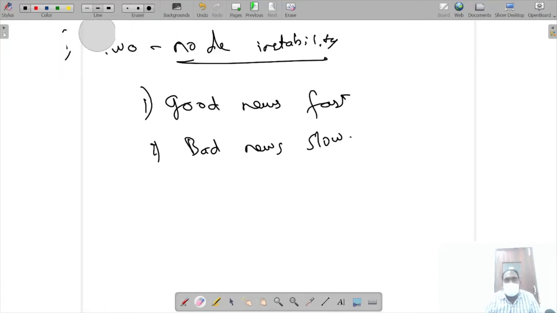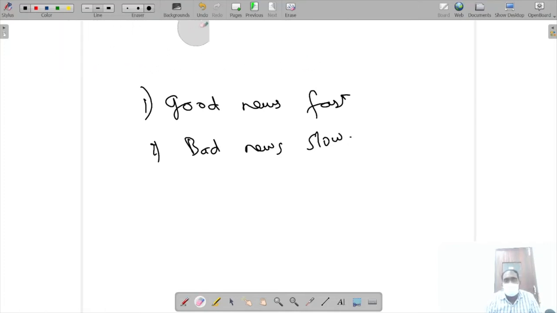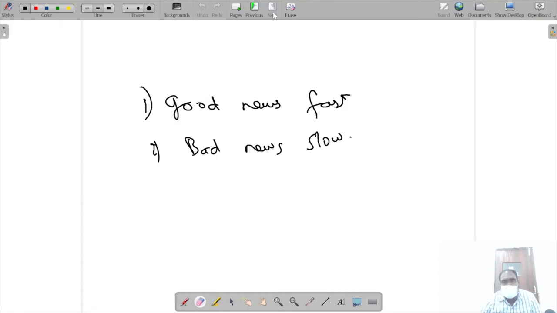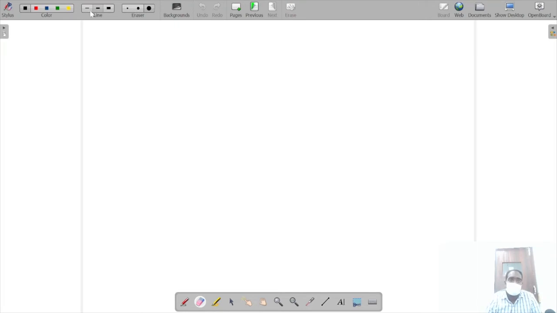It is because whenever a new router joins, or whenever there is a more efficient path, we communicate that information throughout the network, and the routing tables are updated instantly, right? So that is why good news propagates fast, but bad news propagates really slow. Let's take an example for that. That example is called two node instability.